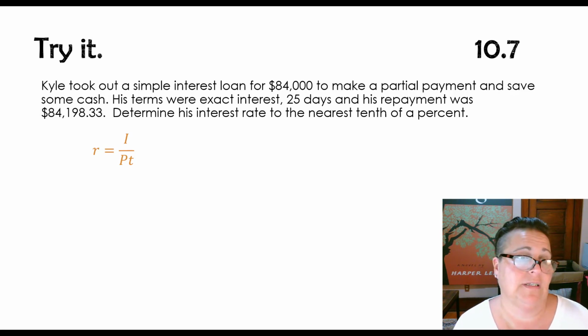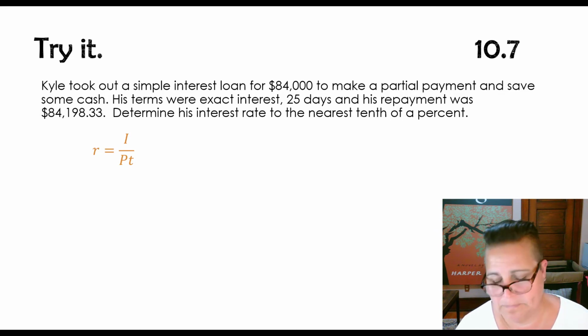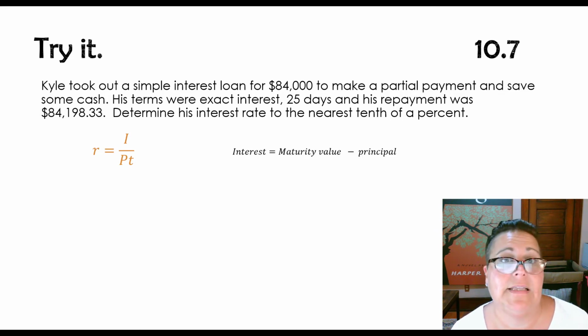What about the interest? Nowhere in this problem does it say interest. I've got the $84,000, that's the principal. And I've got the repayment, $84,198.33. So they paid more than they borrowed. That's the interest.